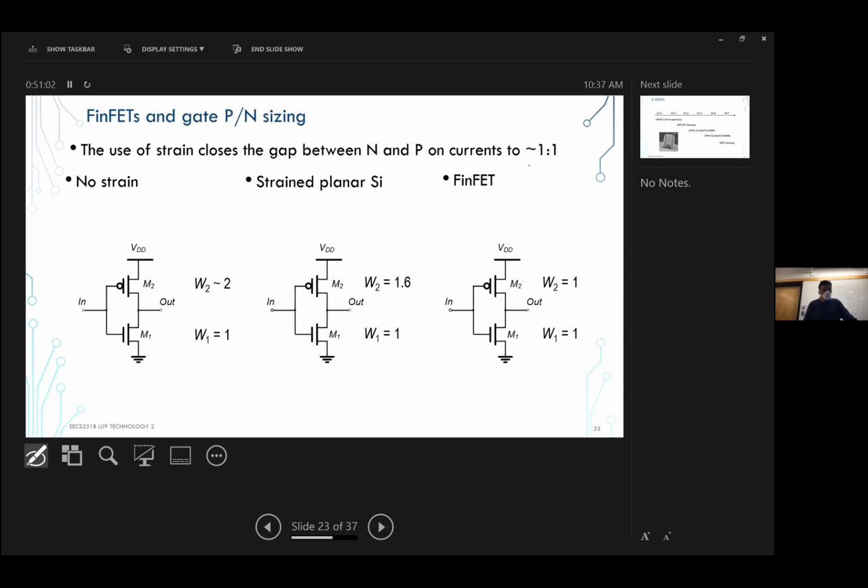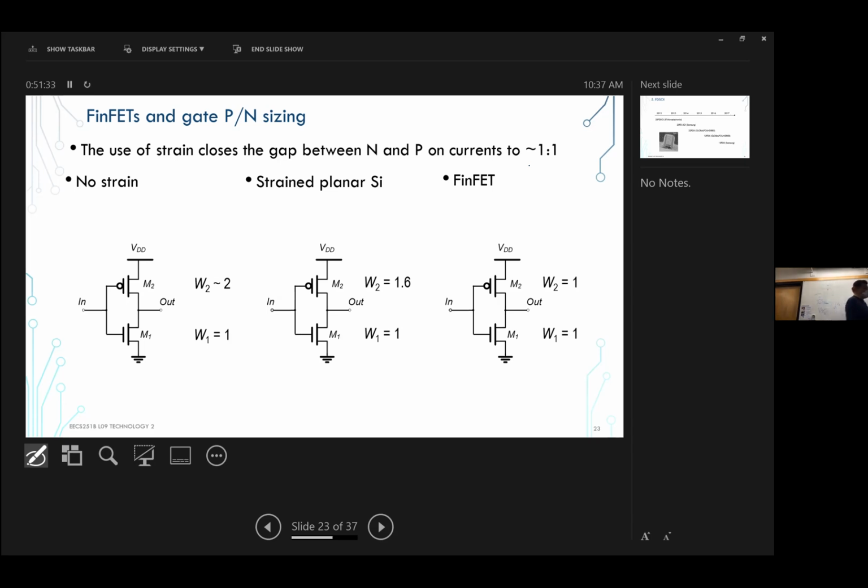Now, strain works really well in FinFETs. Don't ask me why; ask Ali Jarvi or Saif. But essentially the ratio is either 9 to 10 or 10 to 11 in mobilities, in essentially ion and ioff currents, and as a result, we size them now as 1 to 1.